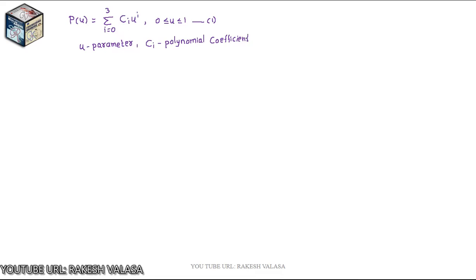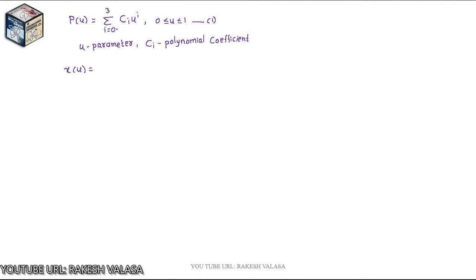Or algebraic coefficients. Now you can write this equation in the scalar form, that is x of u equal to summation i equal to 0 to 3. Taking i equal 0, that is C0 u power 0.